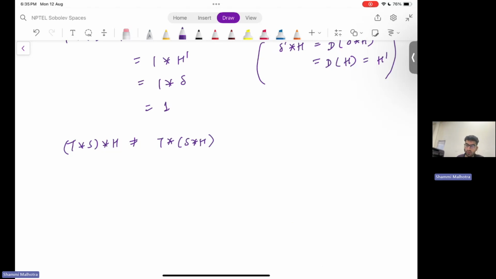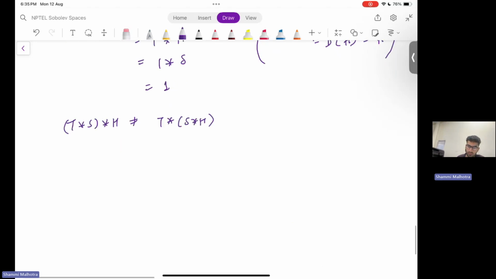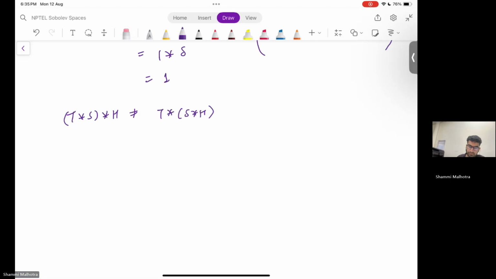So even though they both exist, they are not equal.